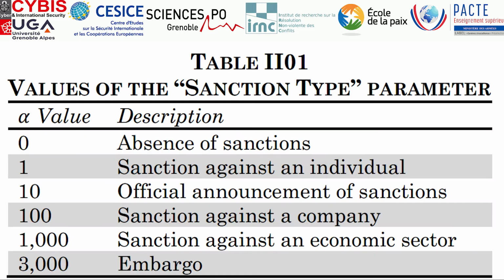The first parameter of our index is the alpha parameter, the sanction type. Basically this is the raw value of a sanction, and it depends whether it is a sanction against an individual, an official announcement of sanctions, a sanction against a company, against an economic sector, or, the maximum, an embargo.